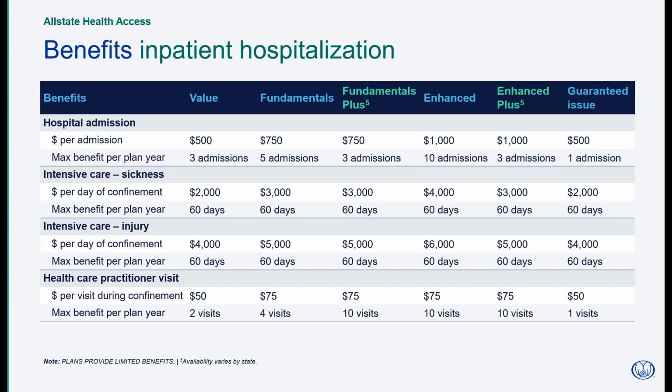That's a line item on the EOB. So the per visit benefit when confined starts at $50 and goes up to $75. The benefit per plan year ranges from 1 with the guaranteed issue plan all the way up to 10 with the fundamentals plus, the enhanced, and the enhanced plus plan.